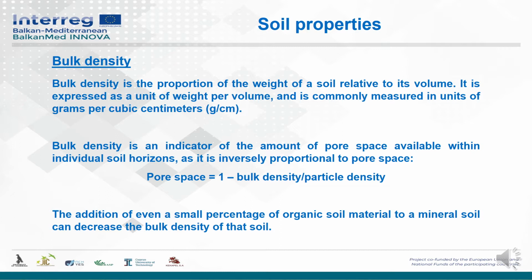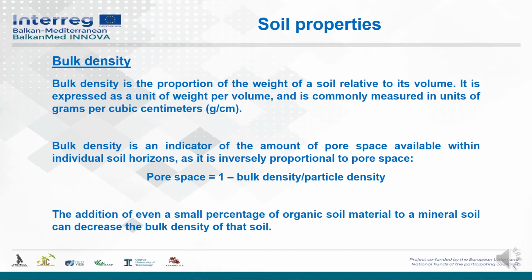Bulk density, in fact, is very linked to the structure that we spoke about before and to the pores. So, when the bulk density is high, this means that we have less pore volume, and on the contrary, when the bulk density is lower, this means that we have a bigger volume of pore spaces.